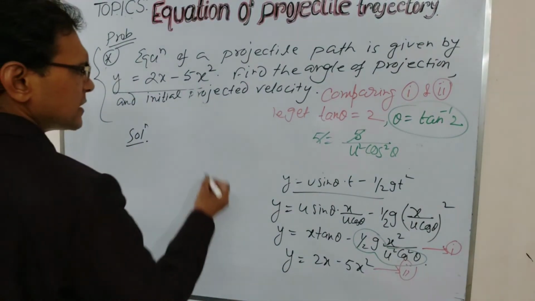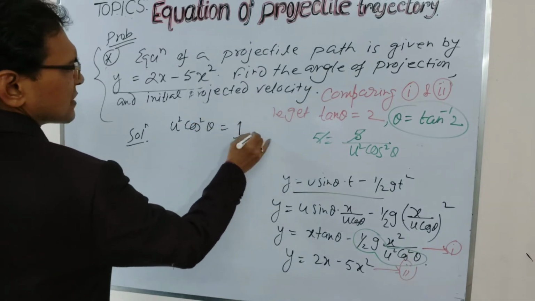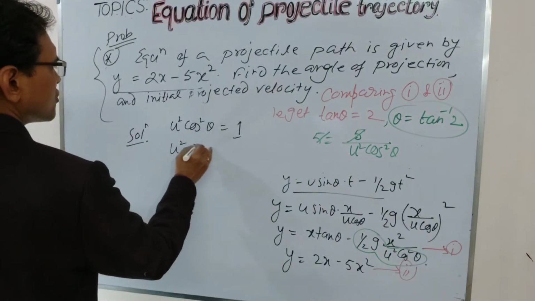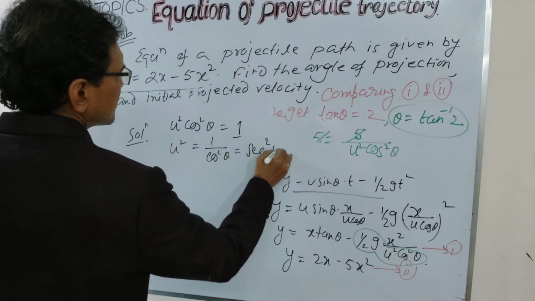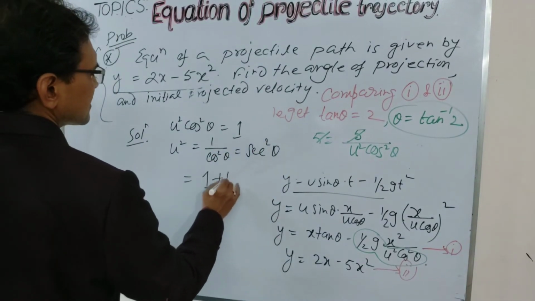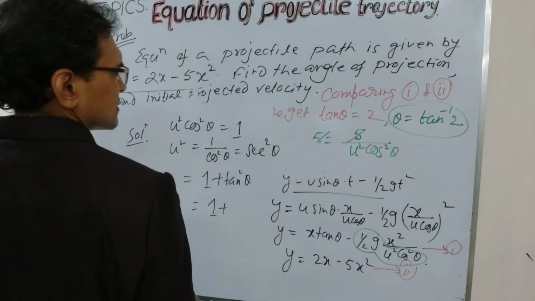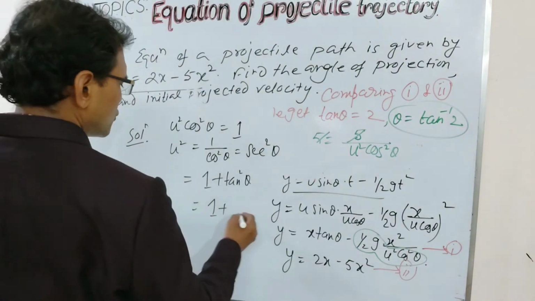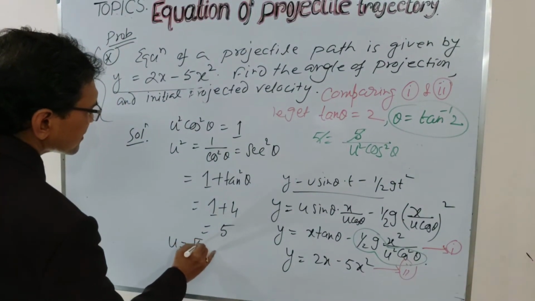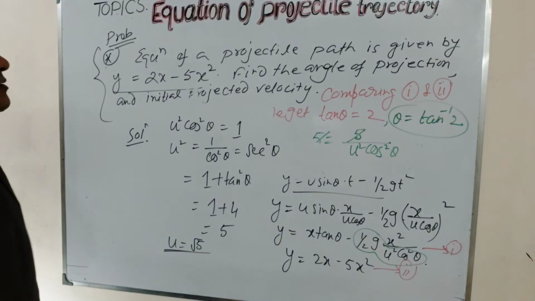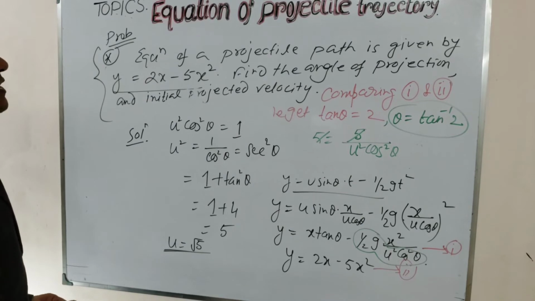So we can write u square cos square theta equal to 1, so u square equal to 1 by cos square theta, which is sec square theta equal to 1 plus tan square theta, 1 plus, tan theta equal to 2, so u equal to root 5. So this is the problem related to the equation of projectile trajectory.